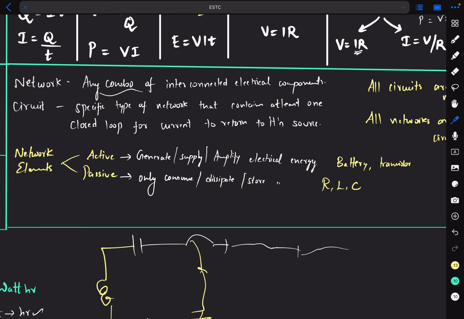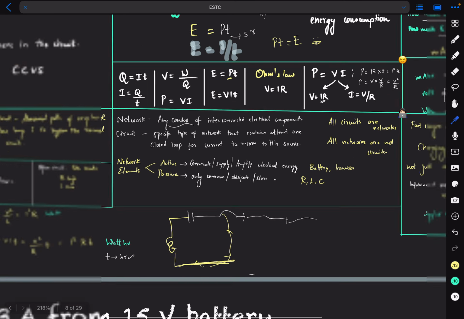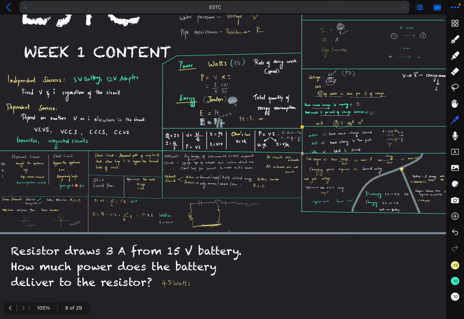Inductor, capacitor, like that. You understand? So whoever is generating, supplying or amplifying electrical energy, like battery and transistor, they come under active network elements. Elements that are consuming, dissipating or storing, like resistor, inductor, capacitor, come under passive network elements. You get the point? That's great.